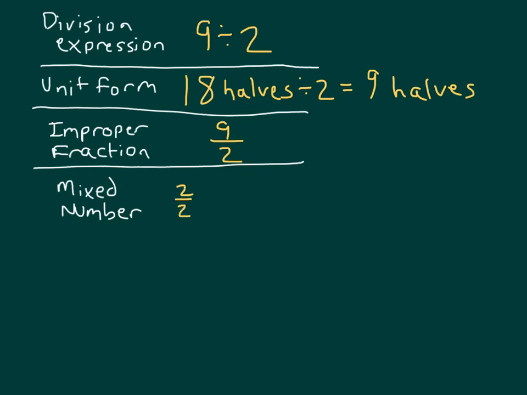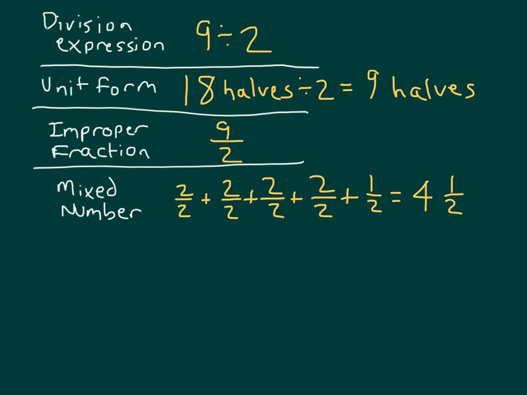So 9 halves is 2 halves plus another 2 halves plus another 2 halves. Oops, I'm only up to 6 halves so far. Plus another 2 halves plus 1 half. That's 1 whole, 2 wholes, 3 wholes, 4 wholes, 4 and 1 half. So our mixed number is equal to 4 wholes and 1 half.